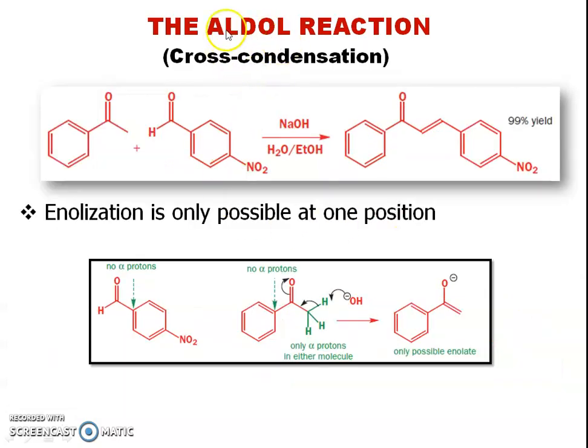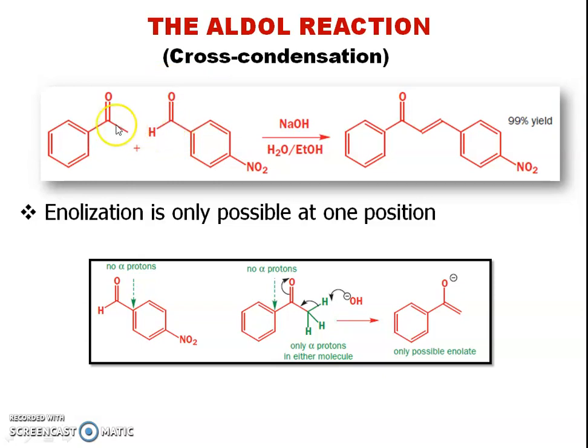So next one, cross-condensation. The same unsymmetrical ketone can undergo cross-condensation like this. For example, this aryl ketone contains an enolizable carbon atom, but this other molecule does not have an enolizable carbon atom.